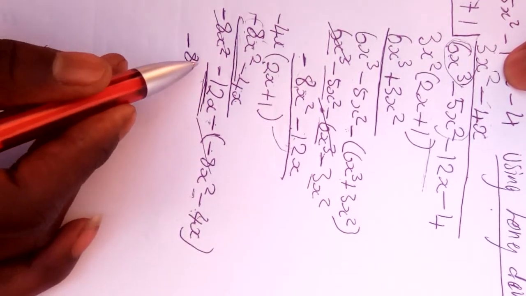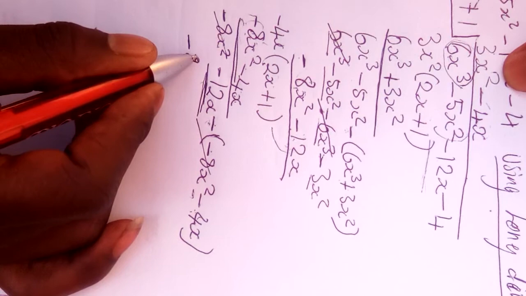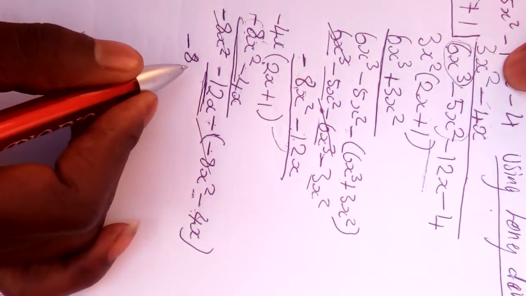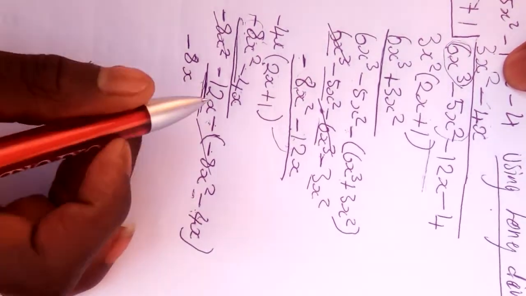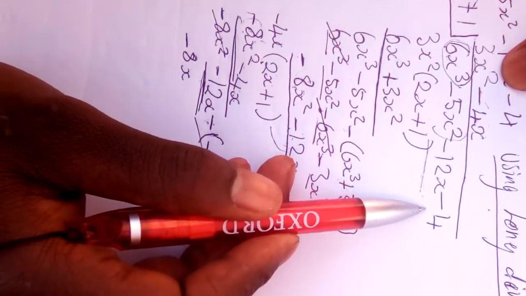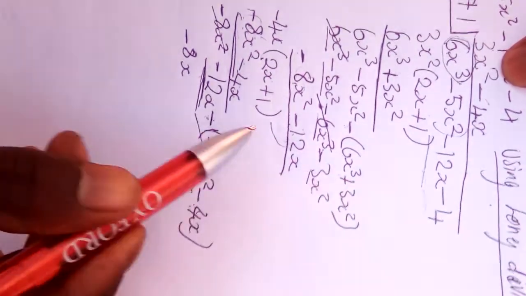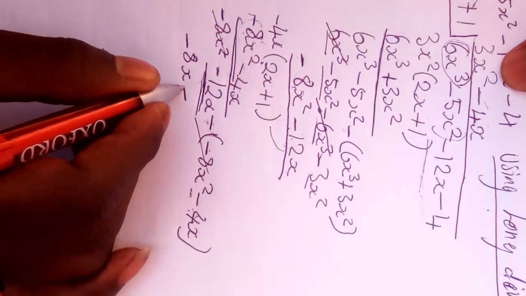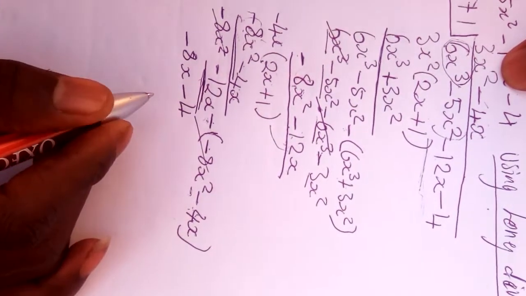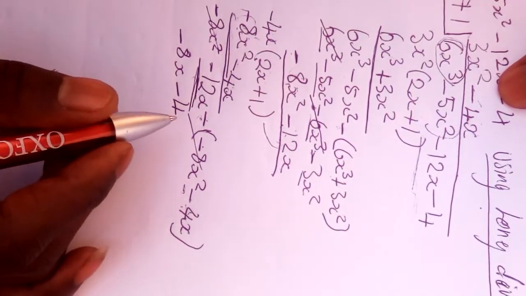So our answer has to be negative. Then we have negative x, then we bring down negative 4.